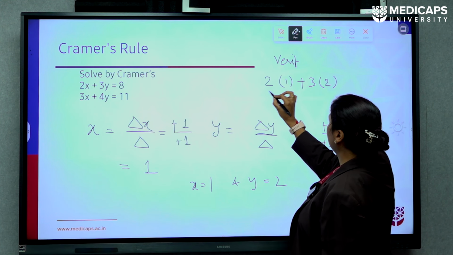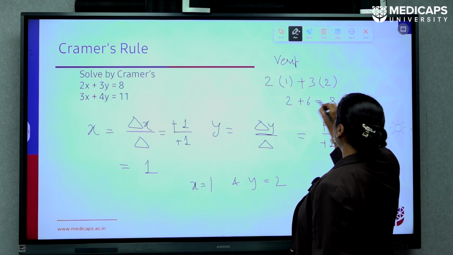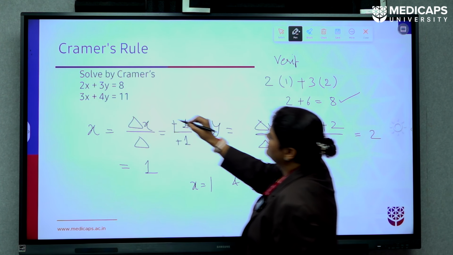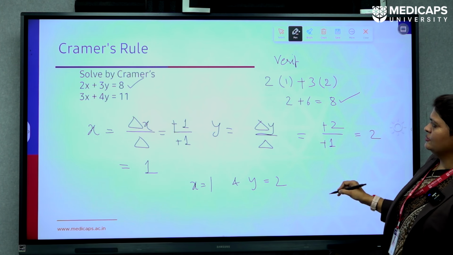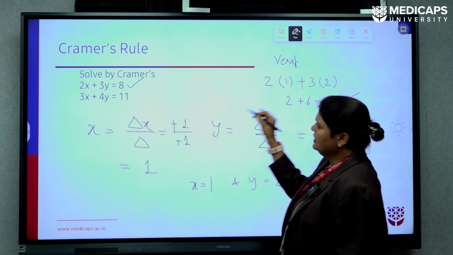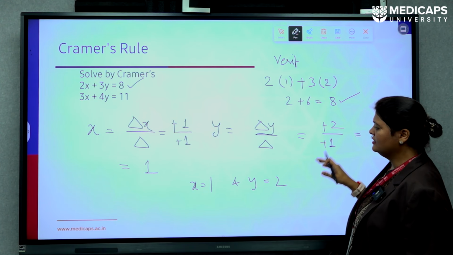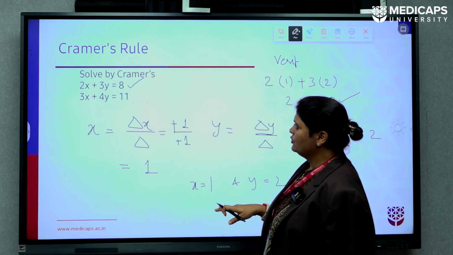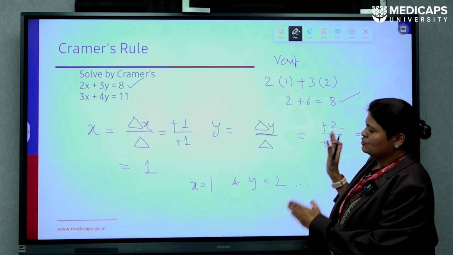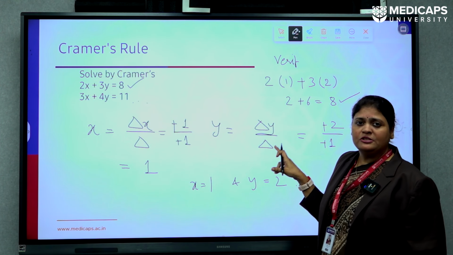So on the left hand side we are calculating 2 into 1 is 2, 3 2 ja 6, it's coming out to 8, and on the right hand side we have 8. So we can also verify the solution by putting it in any of the equations. If you put it here, then also you will find that this solution satisfies this equation. So this is a 2 cross 2 system, and we have solved it by Cramer's rule.